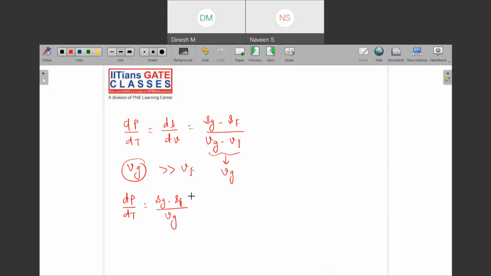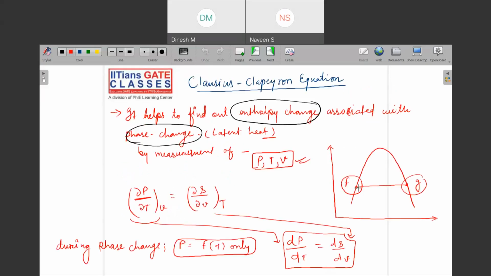We have also seen that dS is dQ upon T. Do you remember? What is the dQ in phase change? It is nothing but the change in enthalpy between these two. We are talking about the phase change region. If this is your T-S axis, the heat supplied in this region, dQ, is nothing but the enthalpy change.